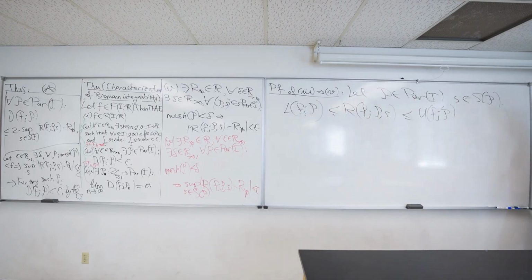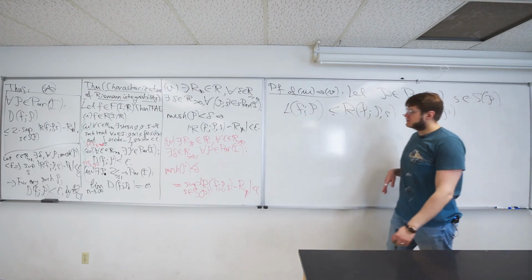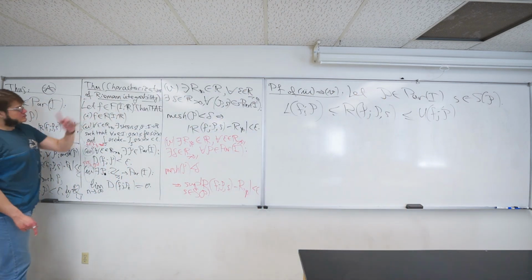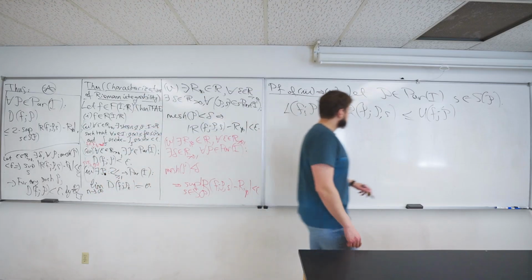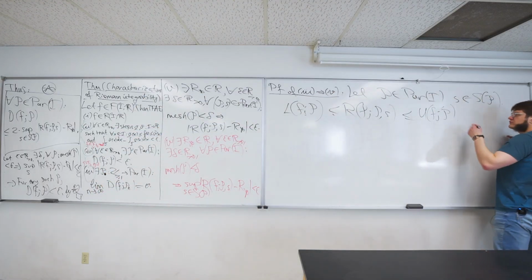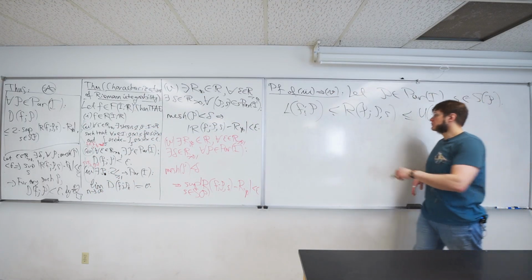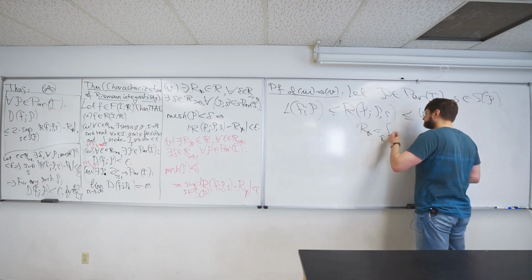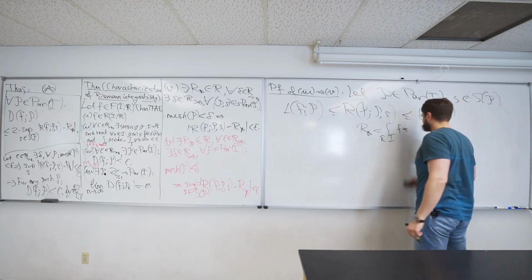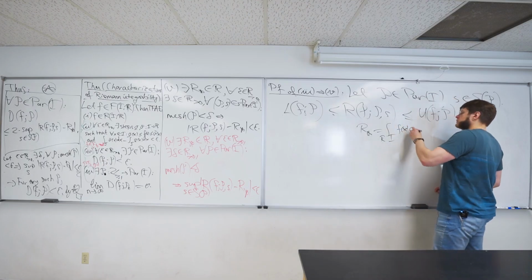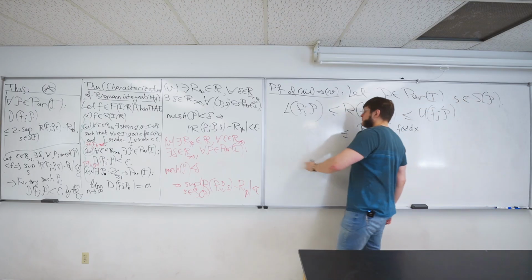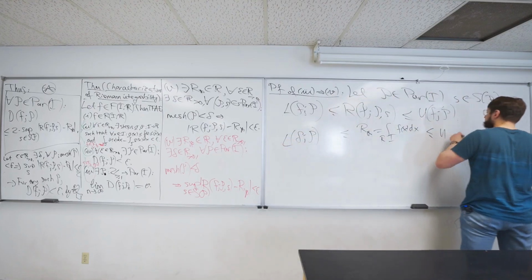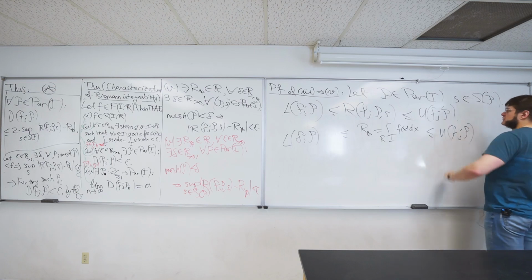And furthermore, I'm going to pick R star to be the integral. Okay? So it's also the case that R star, which is the Riemann integral, is again lower bounded by this and upper bounded by that.